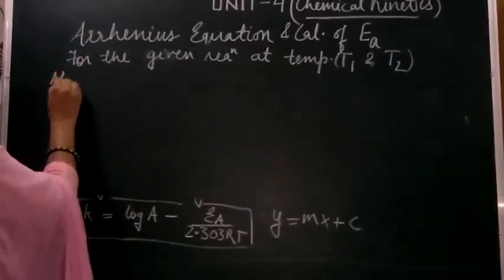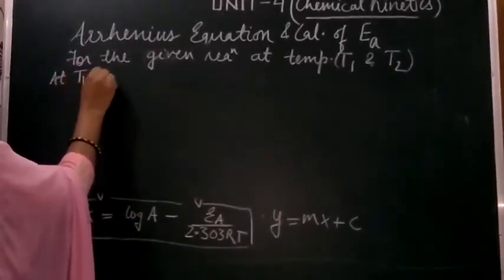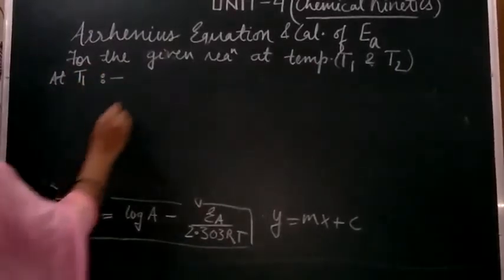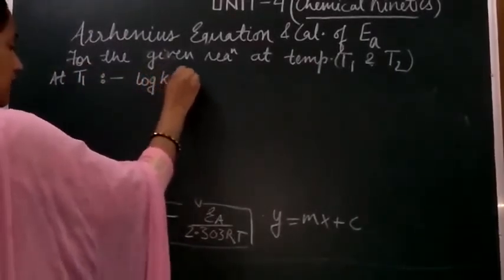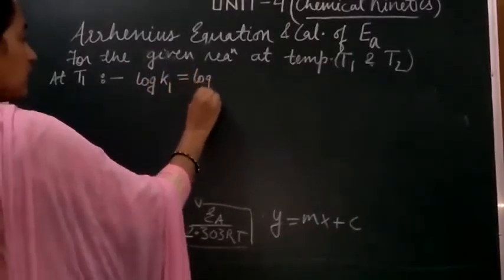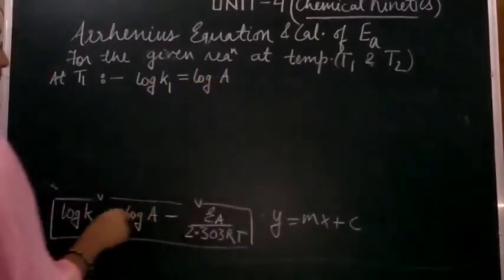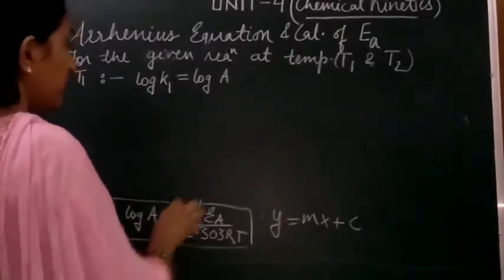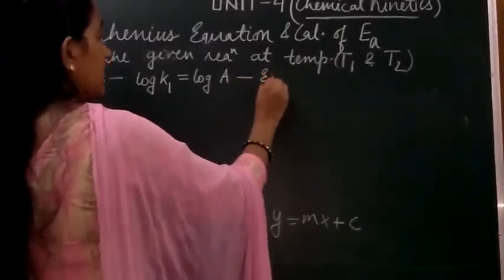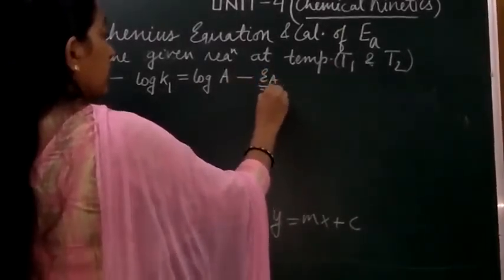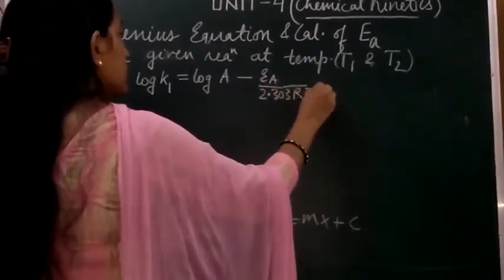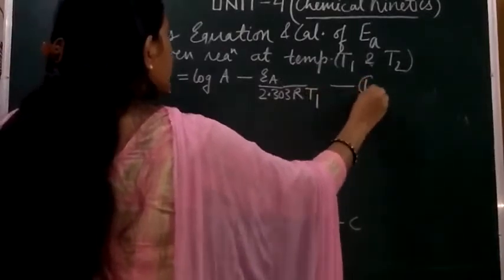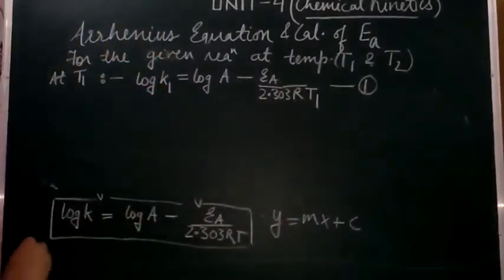So at T1, we will write log k1 equals log A, this is the Arrhenius factor or a constant, it will remain constant only, minus Ea upon 2.303 R T1. We have marked it as equation 1.